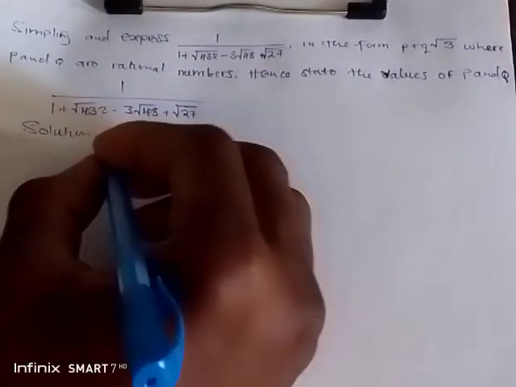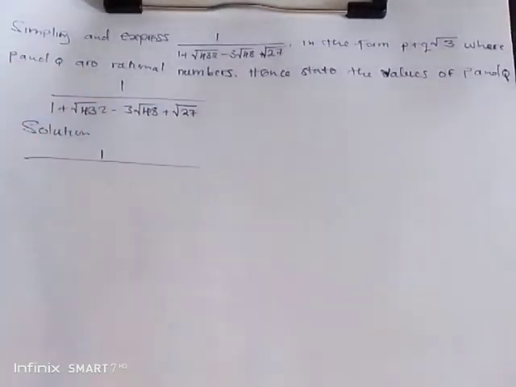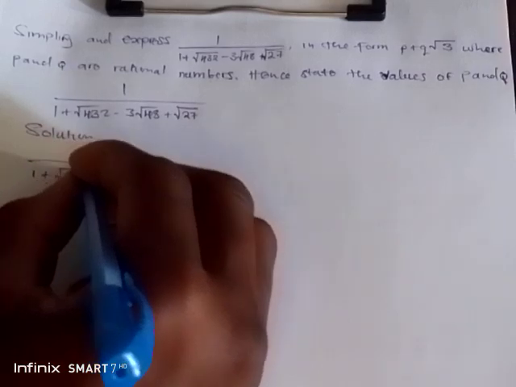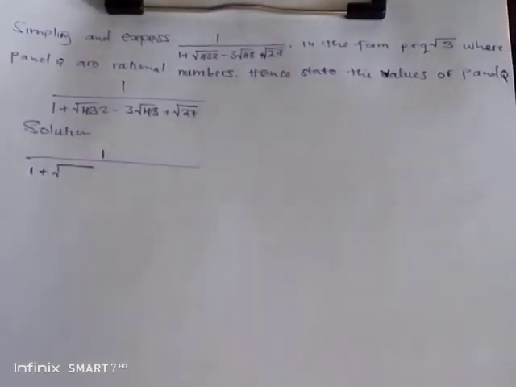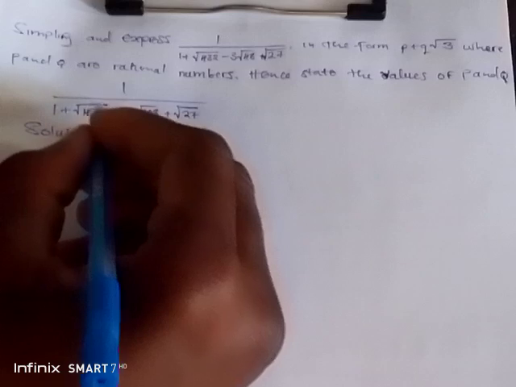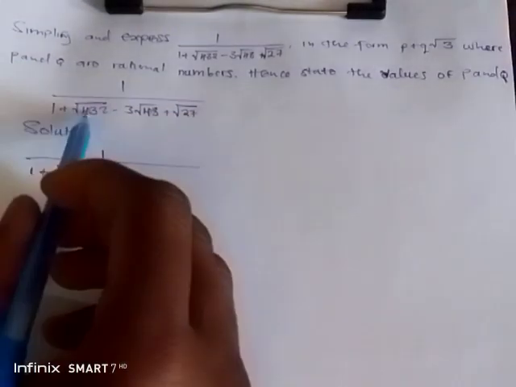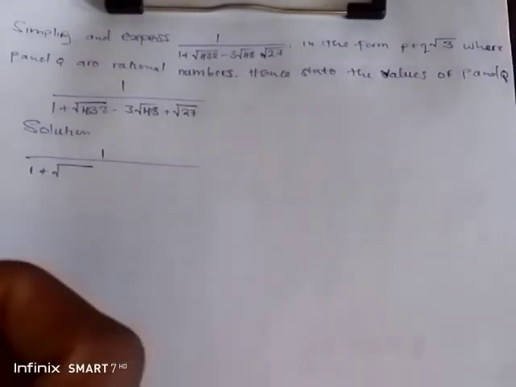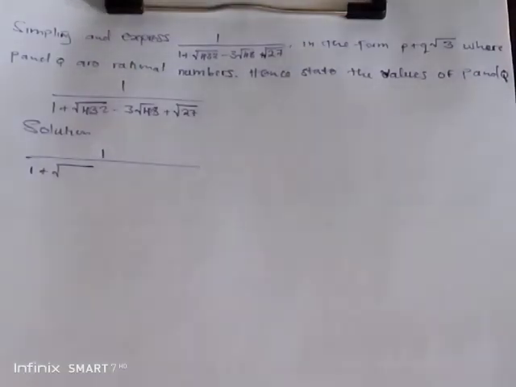So we start now. We have 1 over 1 plus the root of, so a number that has a square root in 432 is 144. Now, how many times can we multiply 144 to get this number?